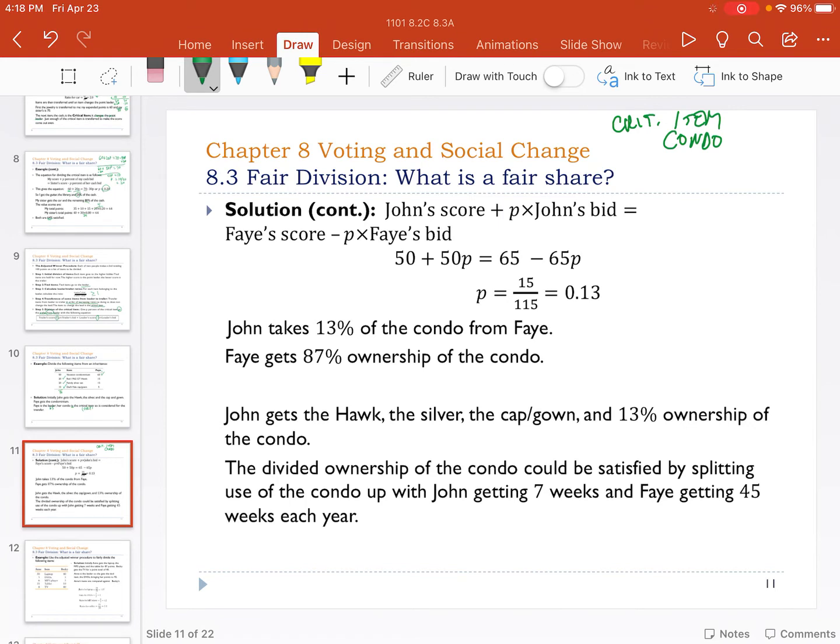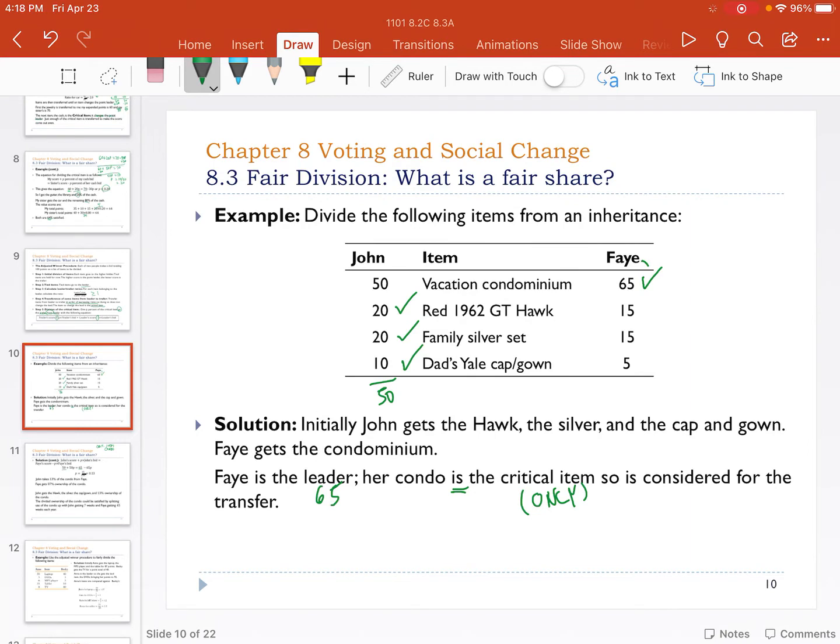And so we have to take a look at the points that were given. First we have to do the regular points. So John has 50 points. We already added that up, and we already saw that originally Faye has 65 points. So those are out of commission. And then we have to put in for the condo, which is the critical item.